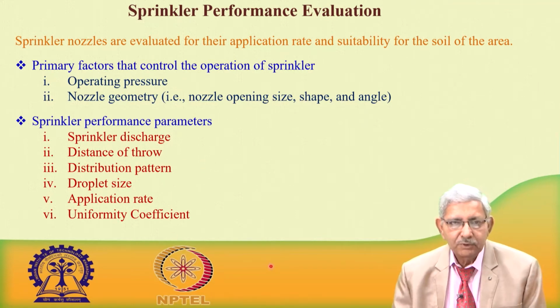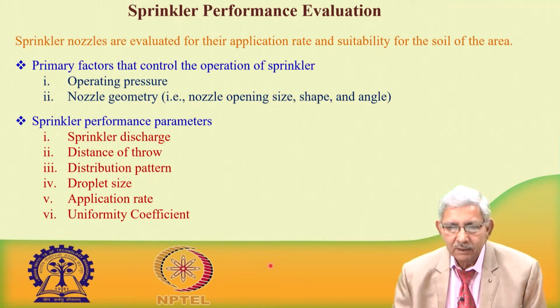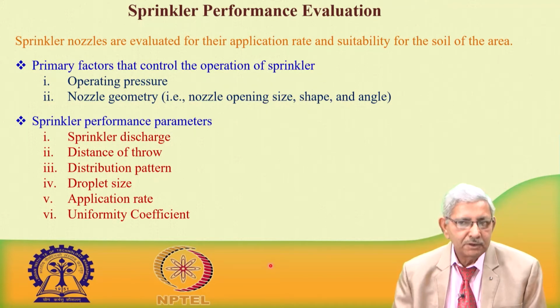Then we want to evaluate how uniformly water is being distributed out of the sprinkler nozzle, and how uniformly the water droplets are falling. For this, there is one specific index, the uniformity coefficient.